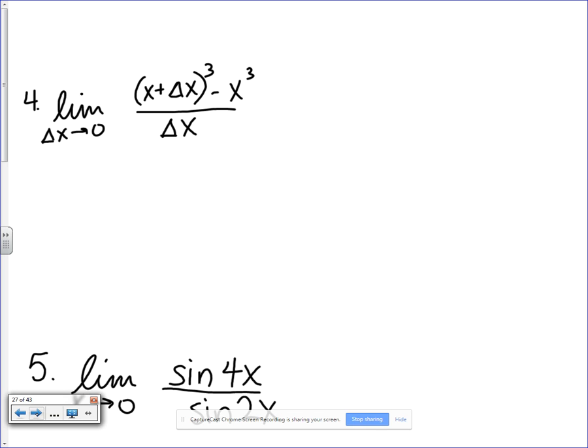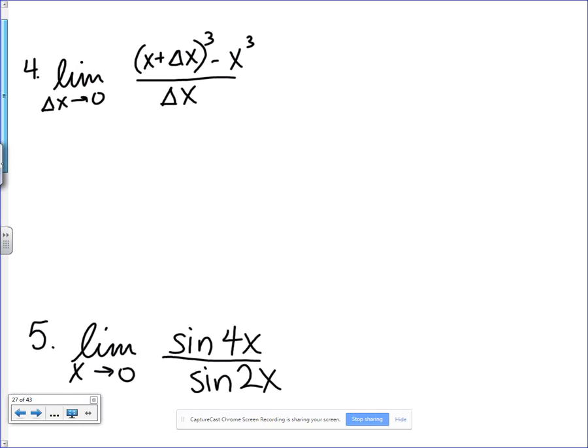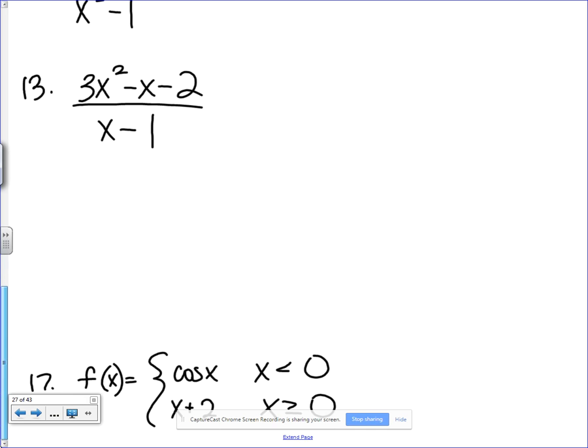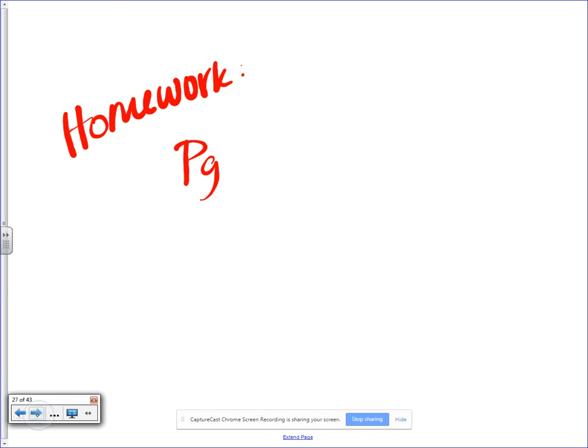I had some more examples that I wanted to show you. I think these are for a different day here, kids. So I'm going to go ahead and put your homework up here.